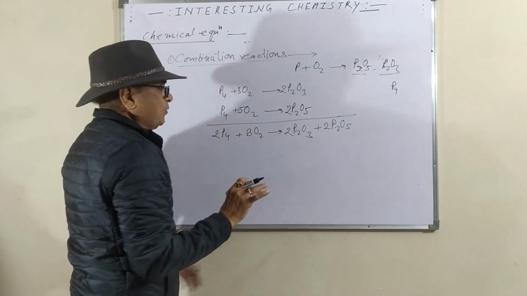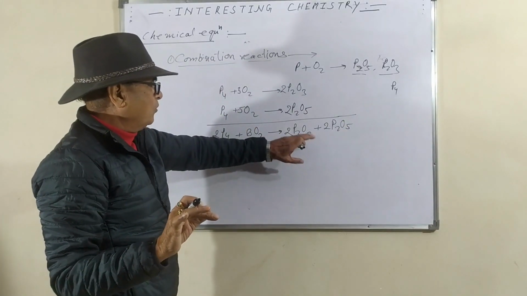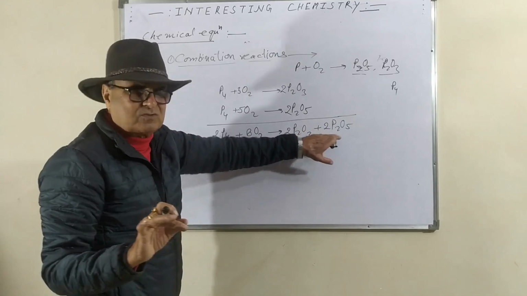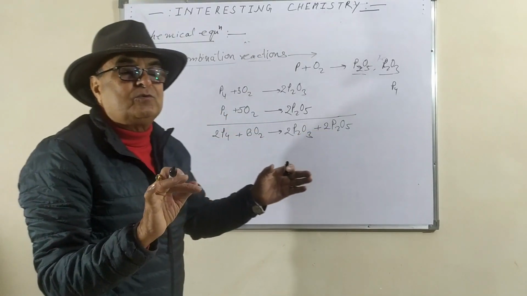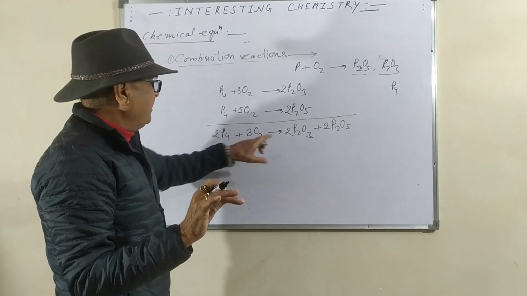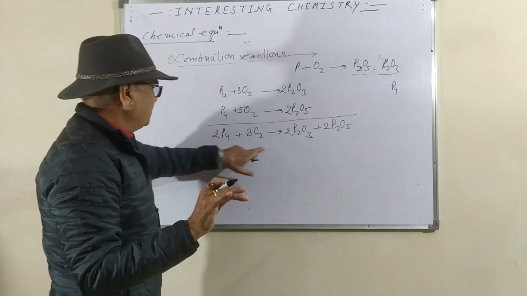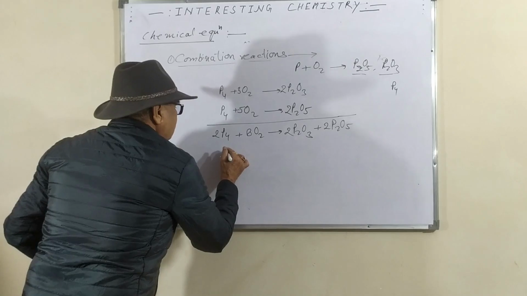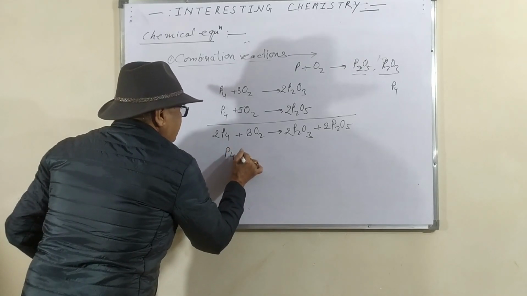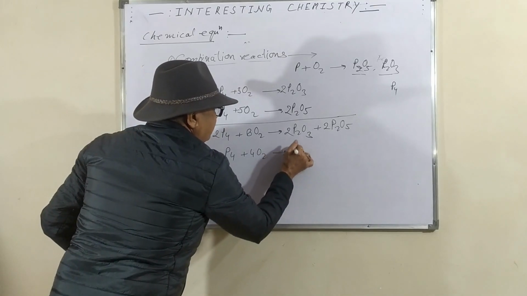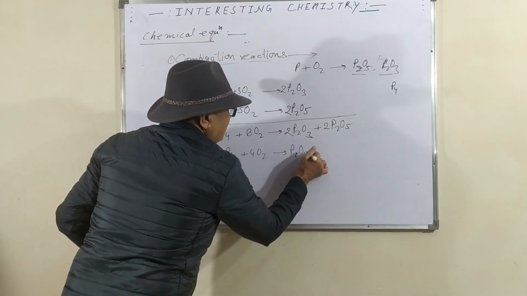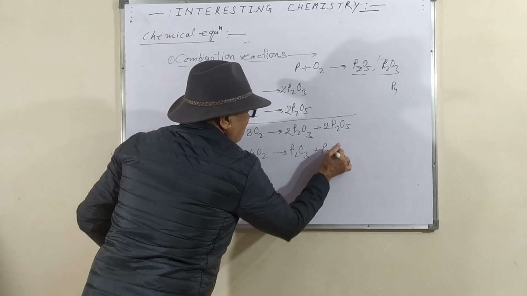Both types of phosphorus oxide will be formed, phosphorus trioxide and phosphorus pentoxide. Here, as I told you, 2 to 8, you can take 2 common from this equation. So the final equation will be P4 plus 4O2 is equal to P2O3 plus P2O5.